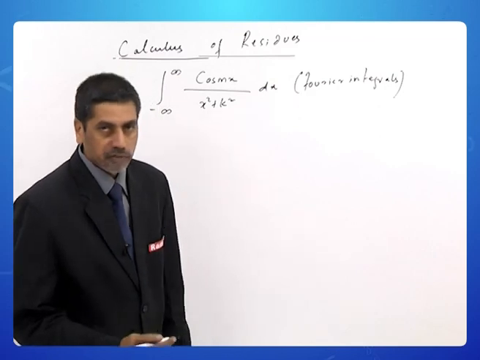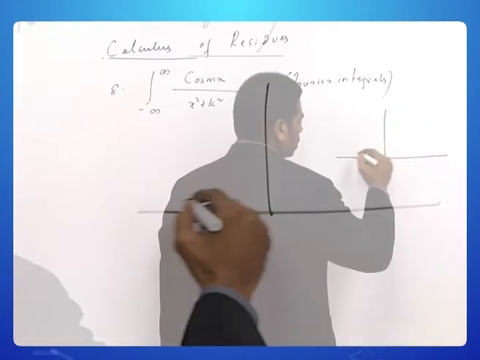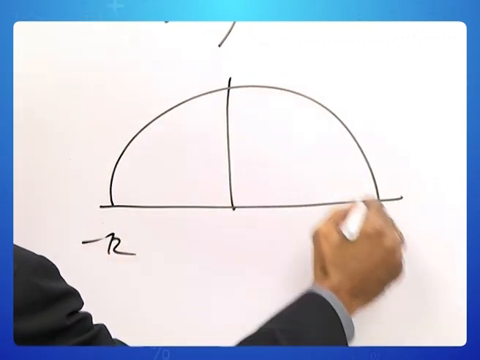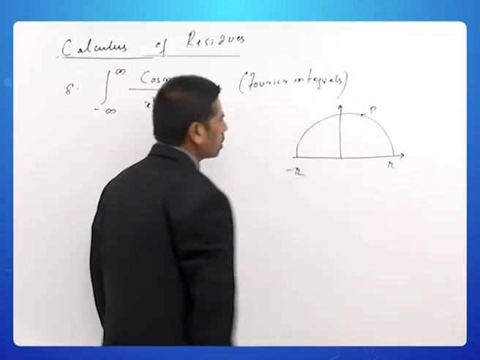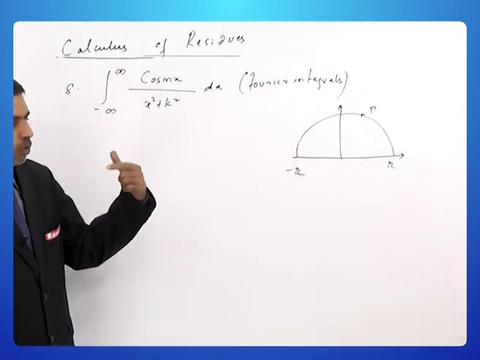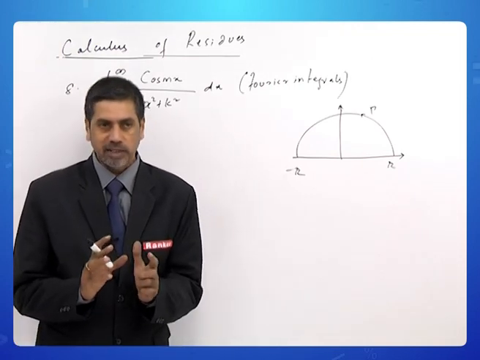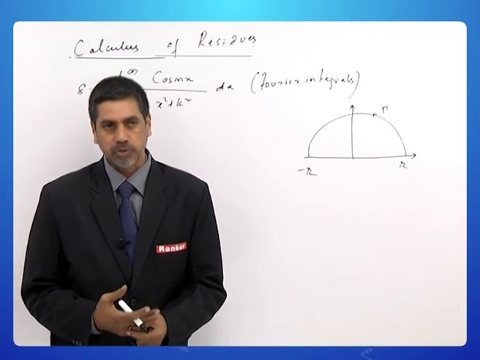Now, the contour even for this problem will be the same that we discussed last time. The only requirement in this case is cos mx or sin mx should not be directly handled, but must be converted in terms of exponentials.